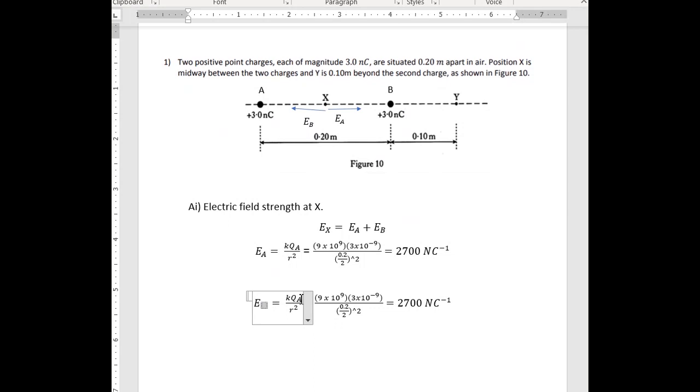And we have electric field induced by B. B has the same charge as A, and the distance between B and X is also the same.